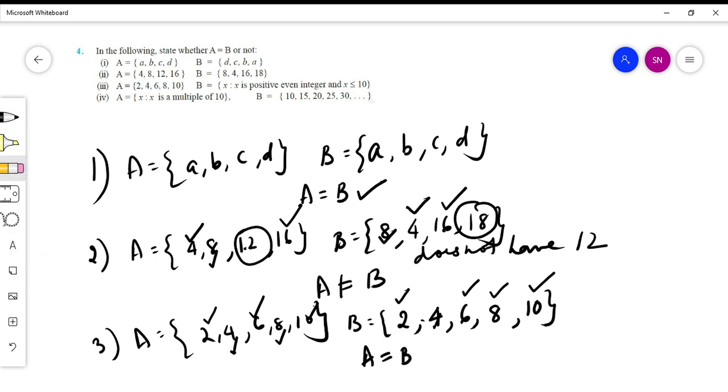It says A is the set of all x such that x is a multiple of 10. What do you mean by x is a multiple of 10? I am interested in writing the table of 10. Since they have told us multiples of 10, they have not given us any range where to stop.